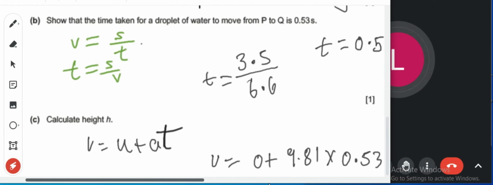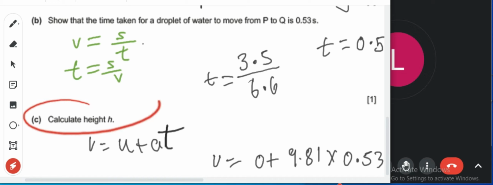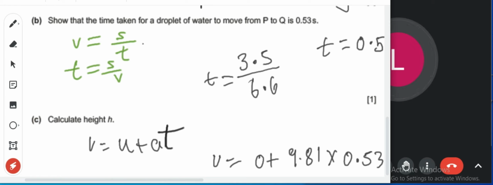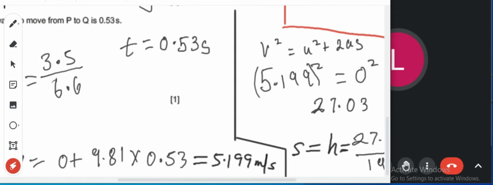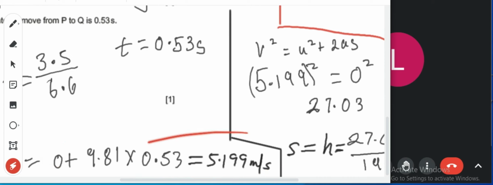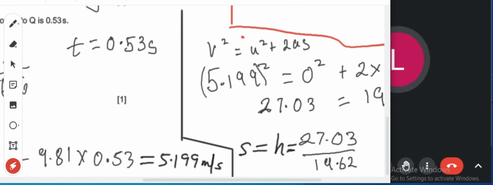But to get h, because we're looking for h actually, we need to use an equation that has distance. H is about distance. And I'm happy that you started with v equal to u plus at to get the v first, because we need it in this equation that you used: v squared equal to u squared plus 2as, to get the h, which of course is s.